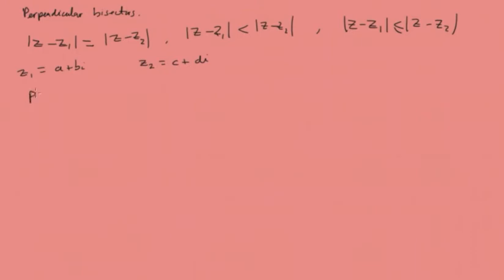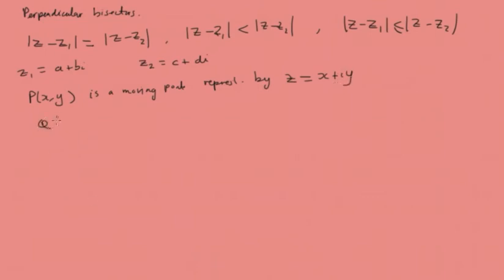And point P (x, y) is a moving point represented by z = x + iy.